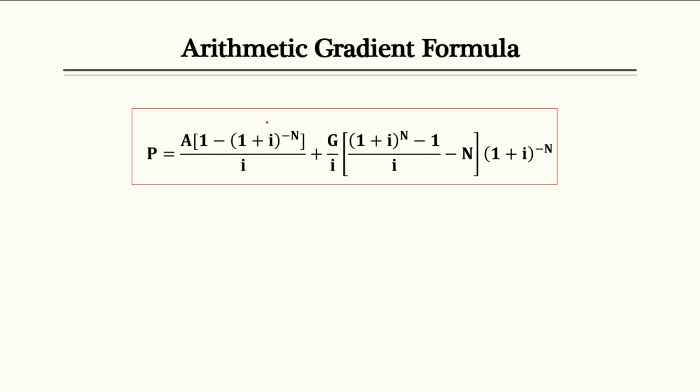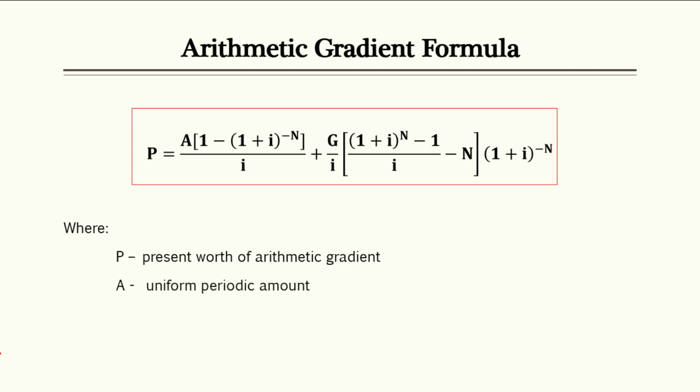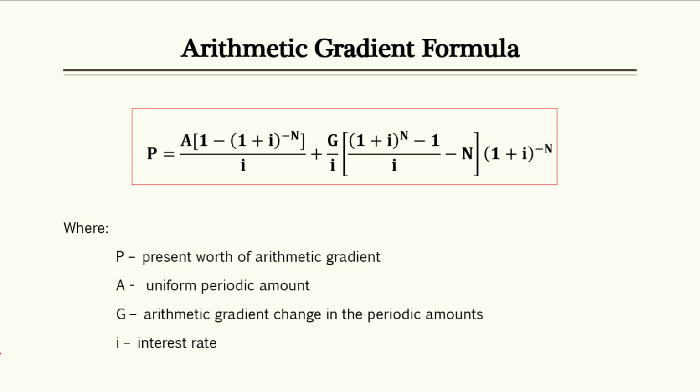P is equal to present worth ng annuity plus present worth ng gradient, is equal to A times 1 minus (1 plus I) raised to negative N over I plus G over I times ((1 plus I) raised to N minus 1 over I minus N) times (1 plus I) raised to negative N. Where P is the present worth of the arithmetic gradient, A is the uniform periodic amount, G is the arithmetic gradient change in the periodic amount, and I is the interest rate.